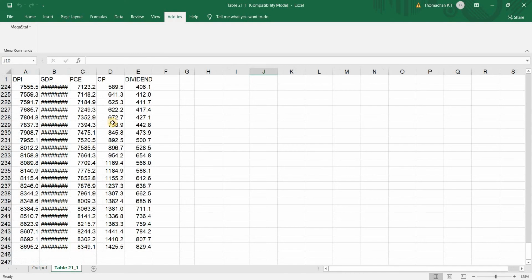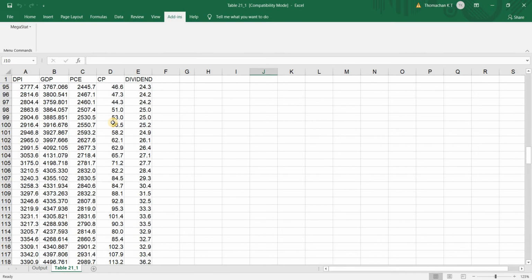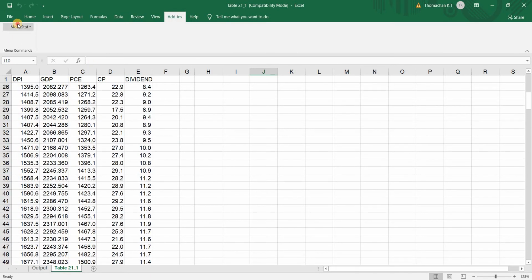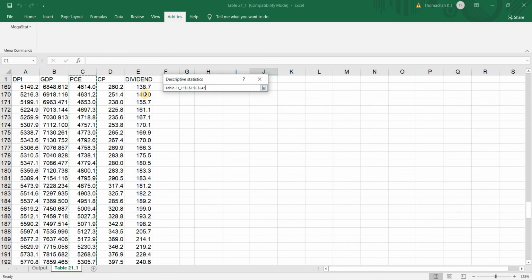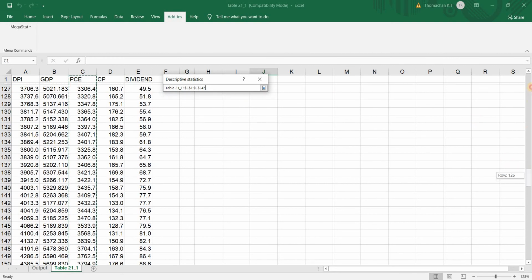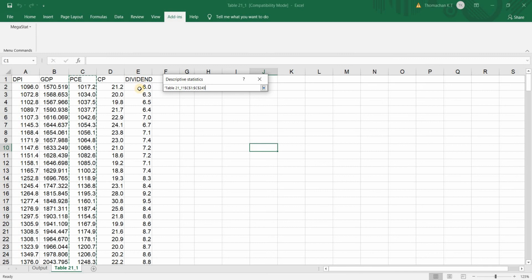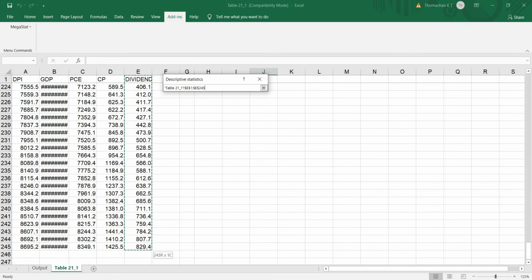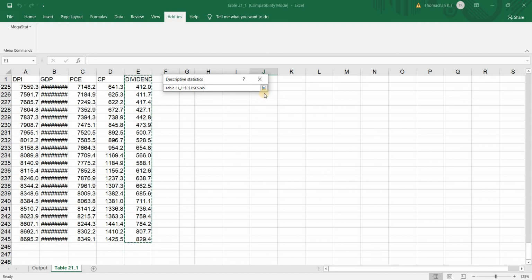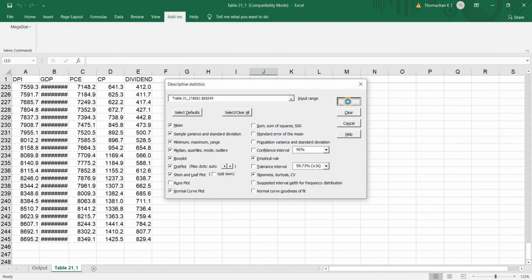Let me consider the third variable, the last variable dividend, Megastat, descriptive statistics. I take dividend to see whether it is normal or not, and also other descriptive measures.